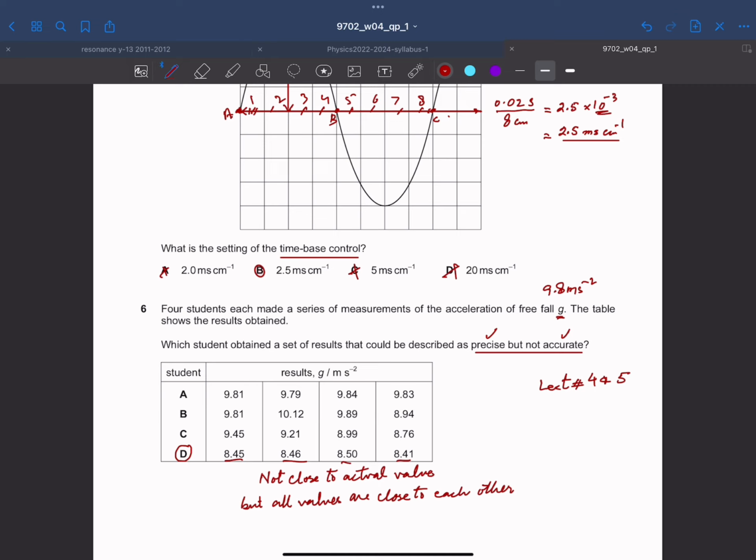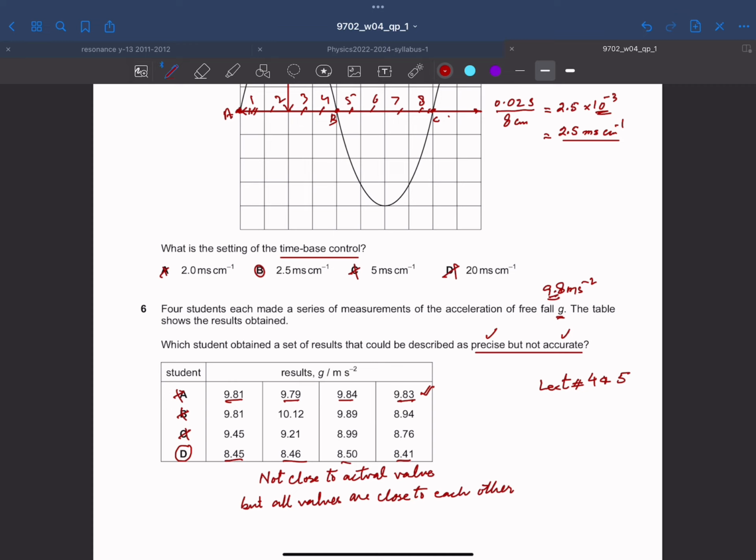So C, B, A, all these are not correct. But here, like in case of A 9.81, 9.84, 9.83, you can say that this is the situation where we have precise and accurate reading, because here values are not only close to 9.8 but also close to each other as well.